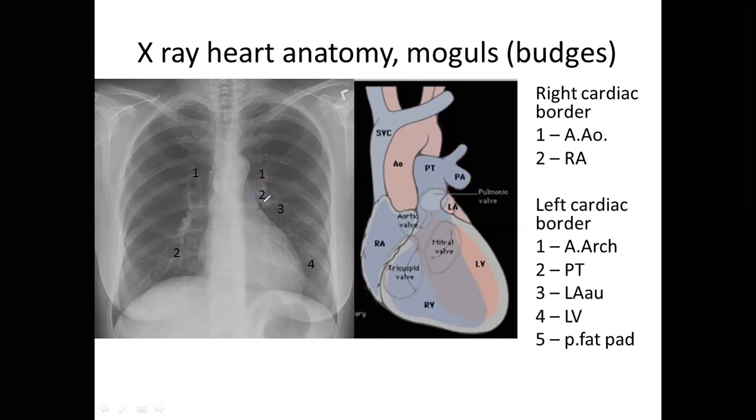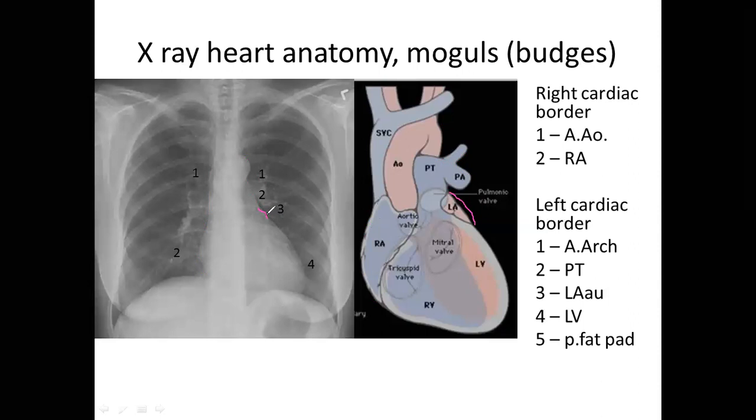Then we have the third bulge of the heart. The projection is here. As you can see, this is the auricle, not the atrium exactly, but only the auricle of the left atrium, which means that in normal conditions, we are not able to see the auricle of the left atrium. Only when we have increased pressure, increased blood volume in the left atrium, which leads to hypertension and dilatation of the left atrium.